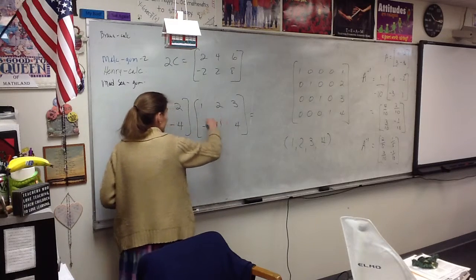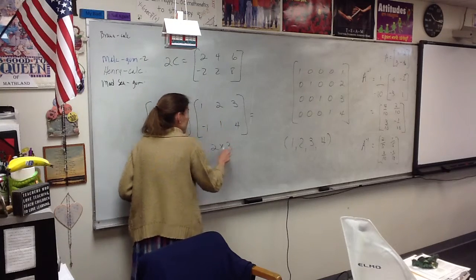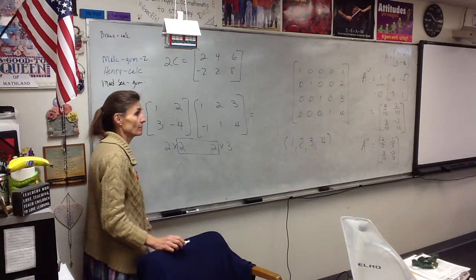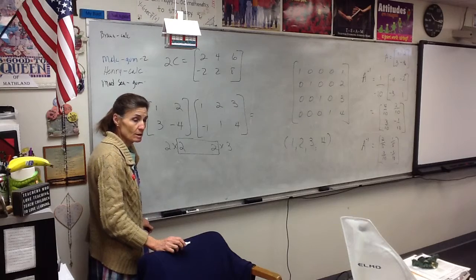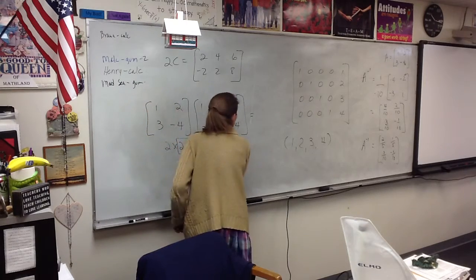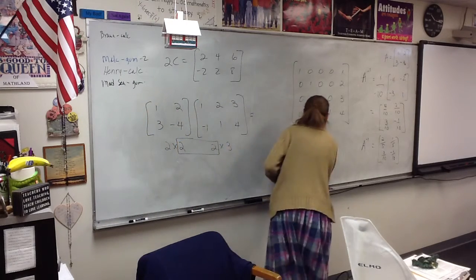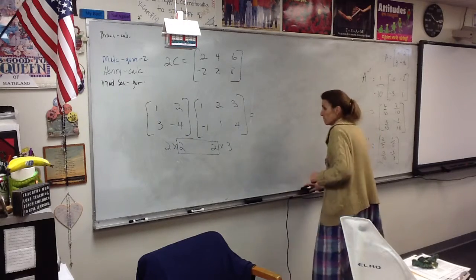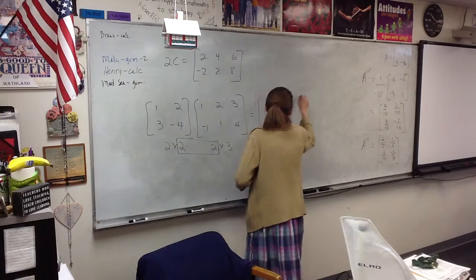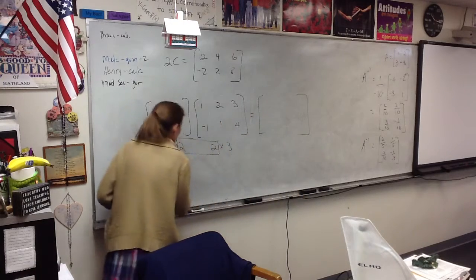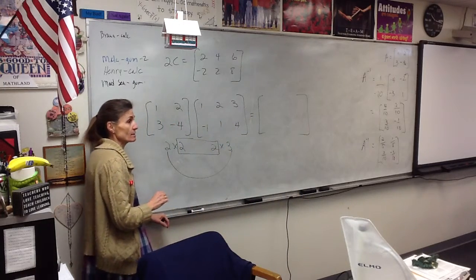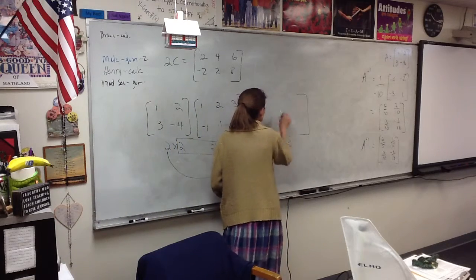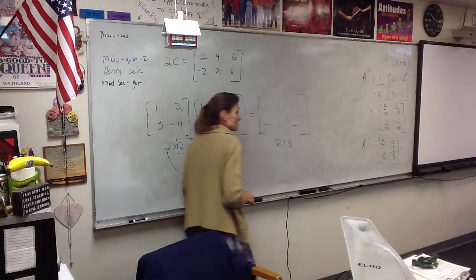What are the dimensions of this one? 2 by 3. And the rule is these two have to match. And they do. So that means that we are able to multiply, and when we do multiply, we will get another 2 by 3 matrix. So it will have 2 rows and 3 columns.